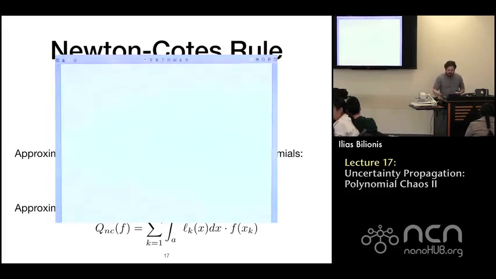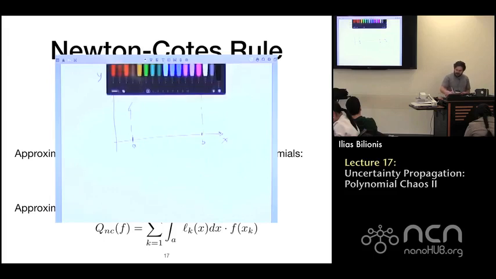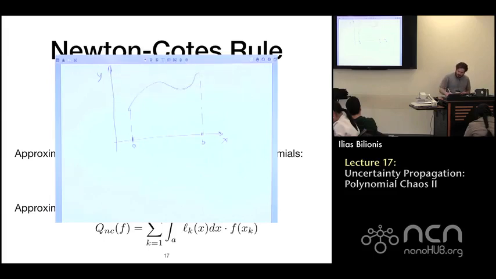I'll give you another quadrature rule, and it's really as simple as that. Another quadrature rule is the trapezoid quadrature rule. Again, here's our x, here's our y, here's our a and our b, here's the function. The trapezoid quadrature rule has two nodes. One node is a, the other node is b.